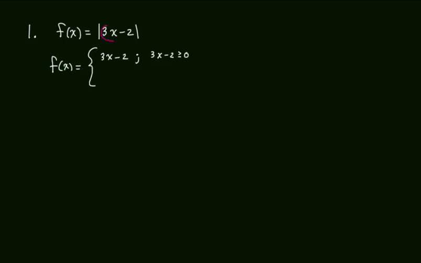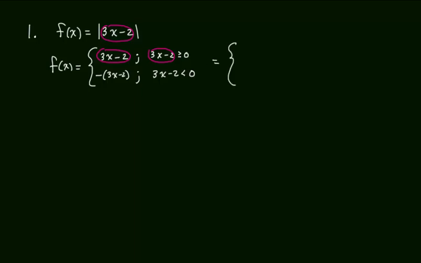This is the interior, so it equals the interior provided that the interior is greater than or equal to 0. It's going to equal the opposite of the interior, provided that the interior is less than 0.